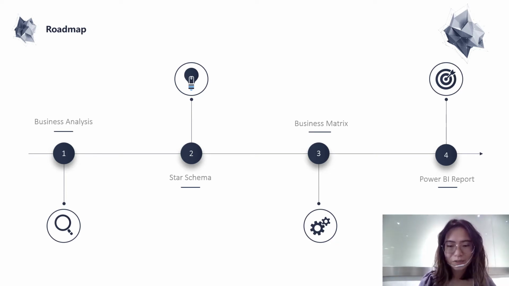After I build the model, organize and cleanse data, and create new measures and new calculated columns, I will visualize the data, and the last step will be to build dynamic data dashboards to convert data insights into business intelligence insights.